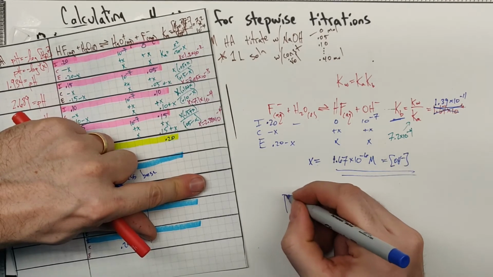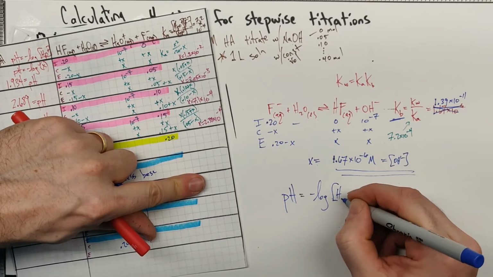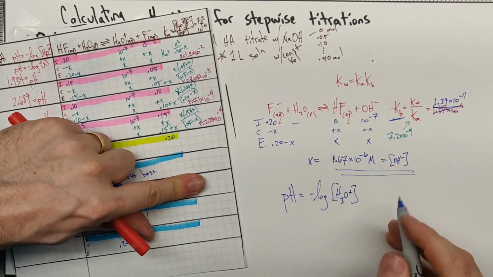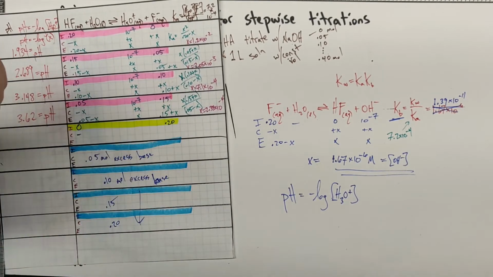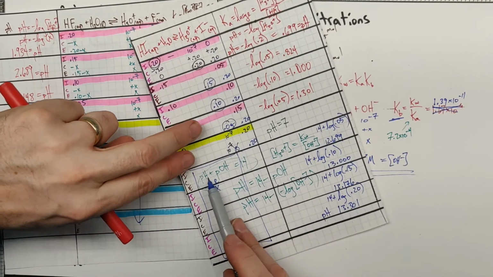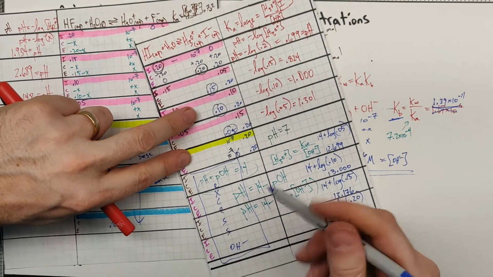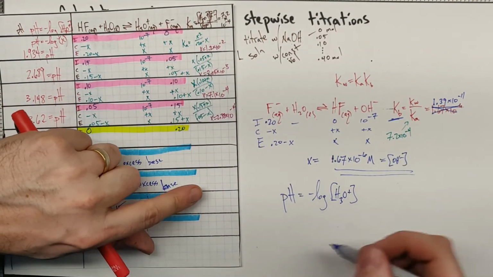Now the catch is pH is the negative log concentration H3O plus, right? But right here we've got an OH minus, so we can cheat that, and we had mentioned it over here on our acid one. You can either do 14 minus pOH, which is negative log OH minus, or whatever. In fact, that's what I'm going to do here.